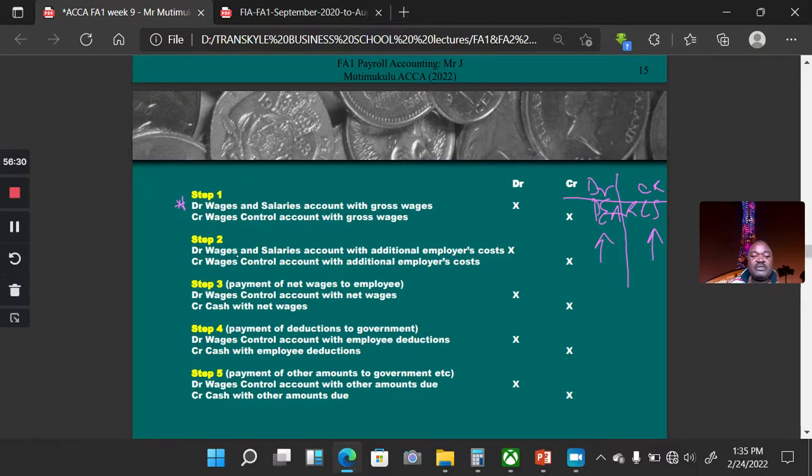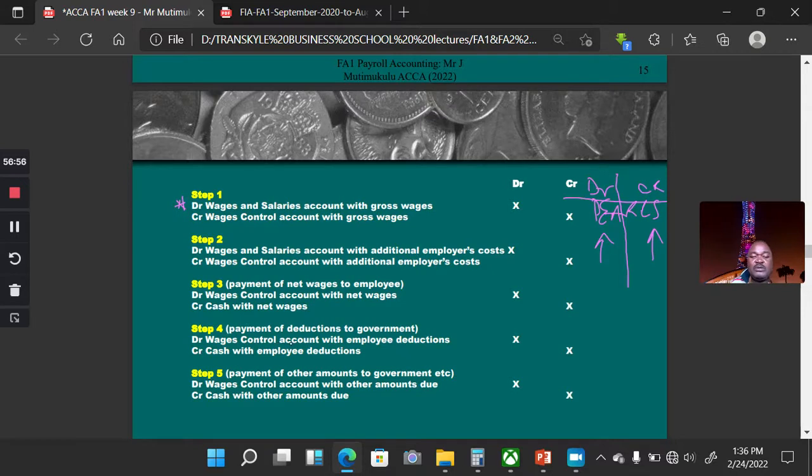We then have to debit the wages and salaries account with additional employer costs and credit the wages control account with additional employer costs. Now, when we pay, we debit the wages control account with the net wages and credit the cash with net wages.